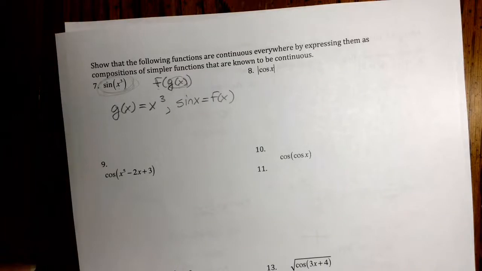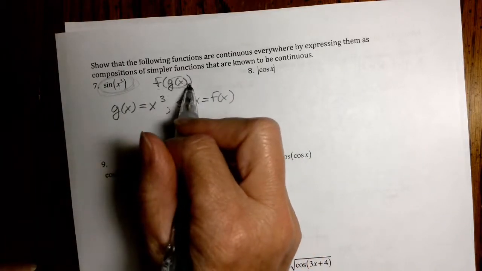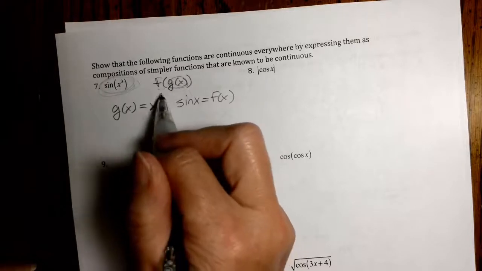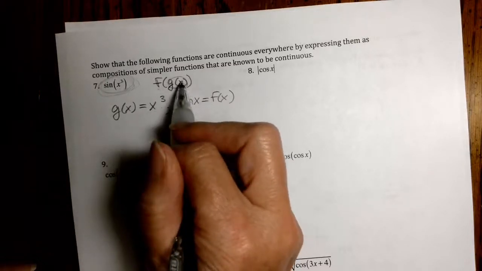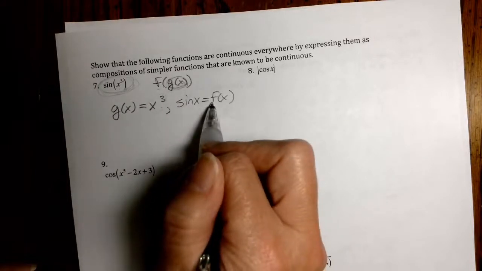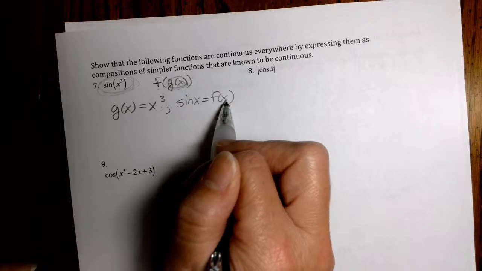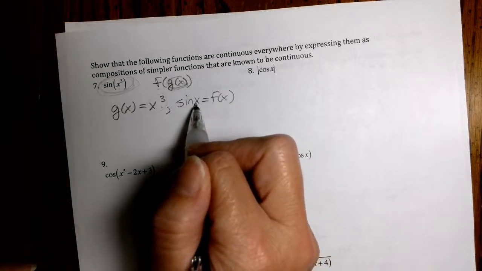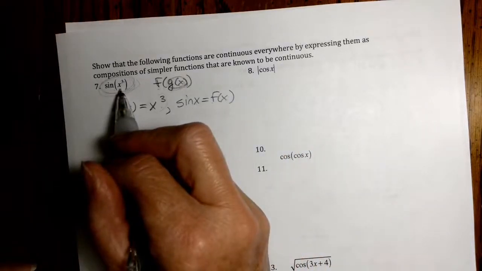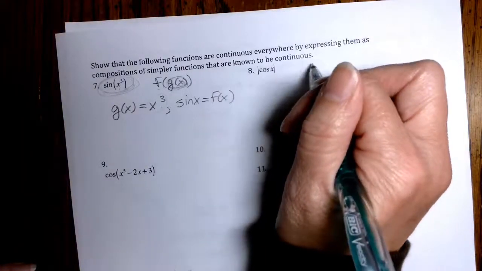And if you go back to pre-calc and find the composition of f of g of x, you would do that by taking this x cubed, which is g, replacing it in that spot, and putting into function f, which means I would input the x with an x to the third, and that would go right in here, leaving me with this. You do not have to do it as f of g of x.